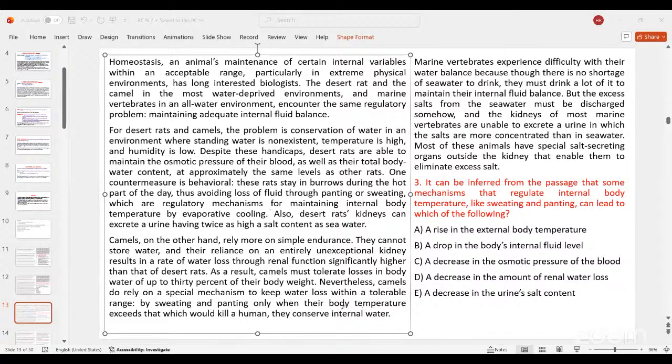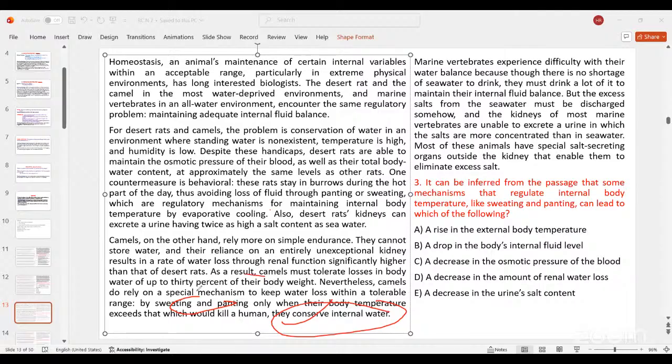And they follow this pattern when the temperature is very high to conserve internal water, right? To conserve internal water. And what is internal water? Internal water is fluid. Let's consider it is only internal water.